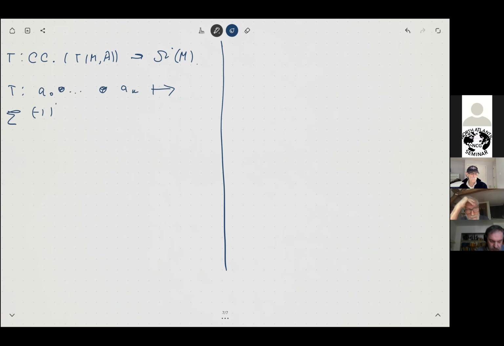Then there is some coefficient, some sign.